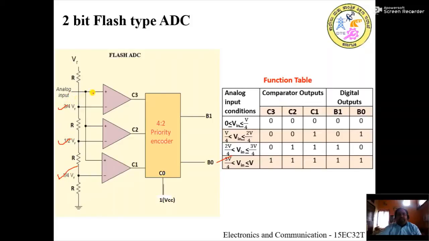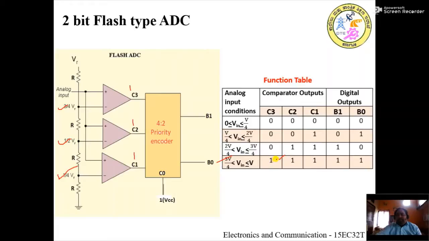Obviously, since the voltage at the non-inverting terminal, that is the unknown analog input voltage, is greater than all the inverting inputs of the comparators, it is going to result in a logic 1 at the outputs of all comparators. So here with 1 1 1, C3 will take the precedence as it has the highest priority.